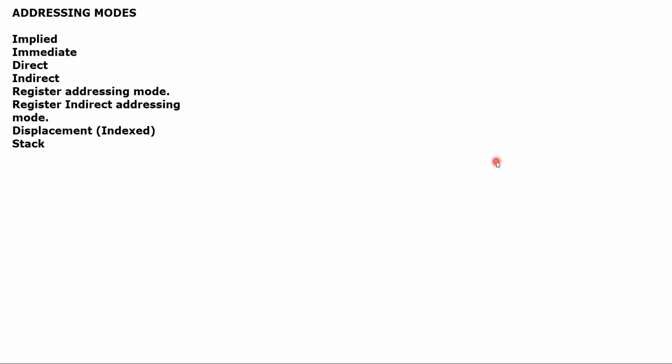So in this tutorial, we will discuss how we can address data, how we can store data, how we can move data, and what an instruction is. So let's discuss one by one. First of all, you have to understand what addressing mode is. As you know, the address field is very small and it holds a small number of instructions.